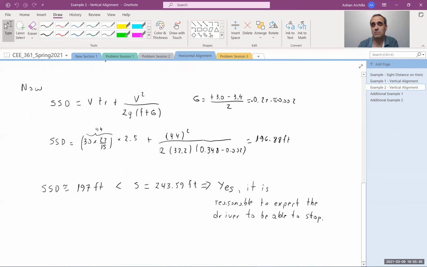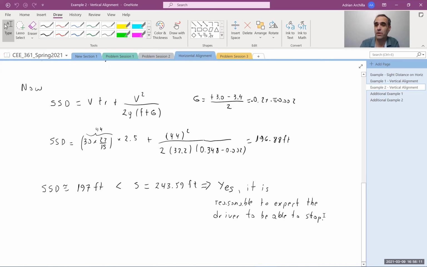And notice that for the crest vertical curve, the stopping sight distance that I get from this equation is 197 feet, which is less than what is provided by the curve. So for a crest vertical curve, it is reasonable to expect the driver to be able to stop.